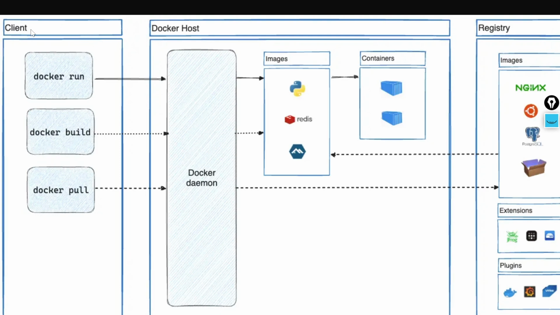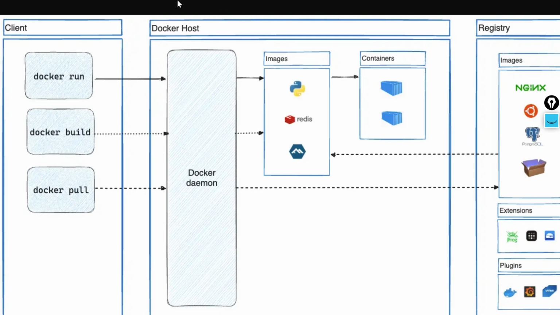We can run the client on one server and maintain the Docker host on another server. That is how the client-server architecture basically works. The communication between them happens through the REST API.